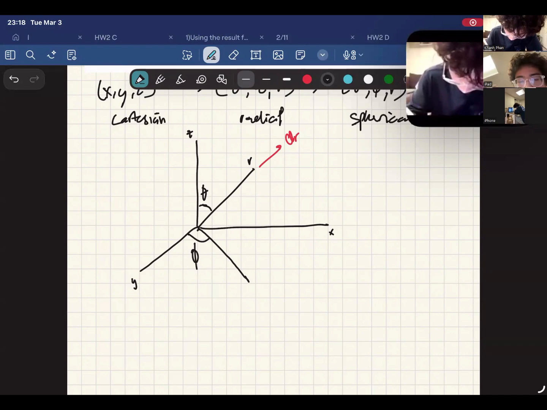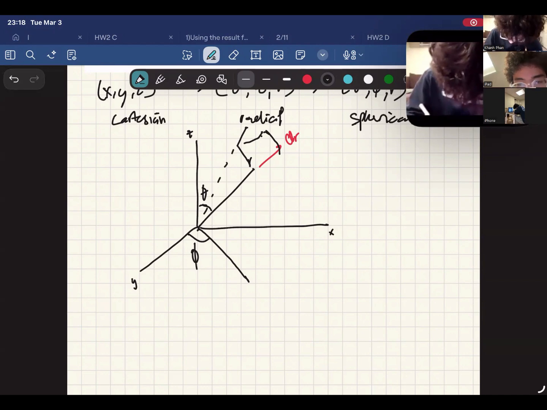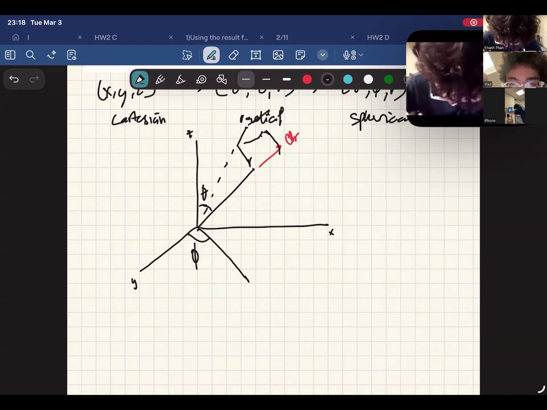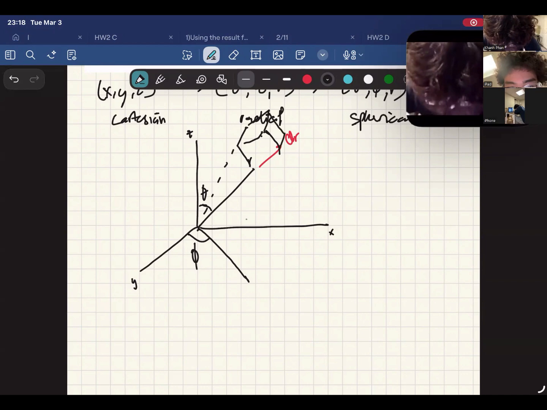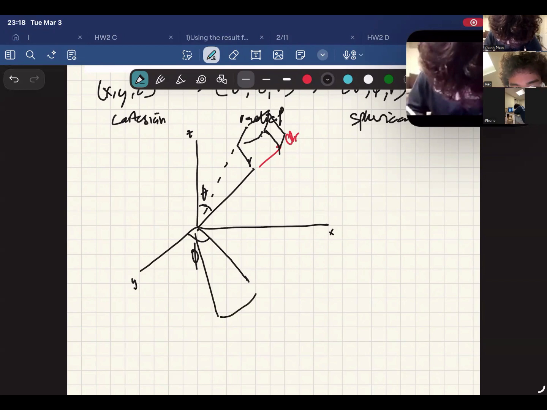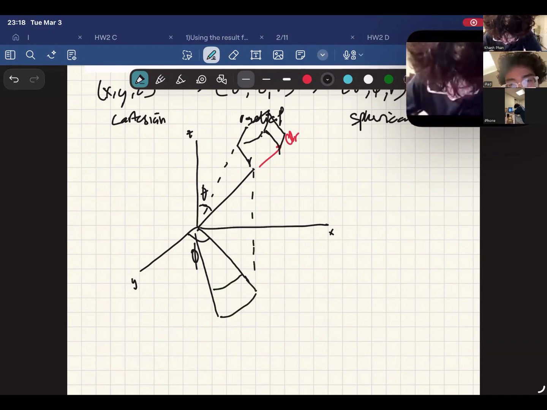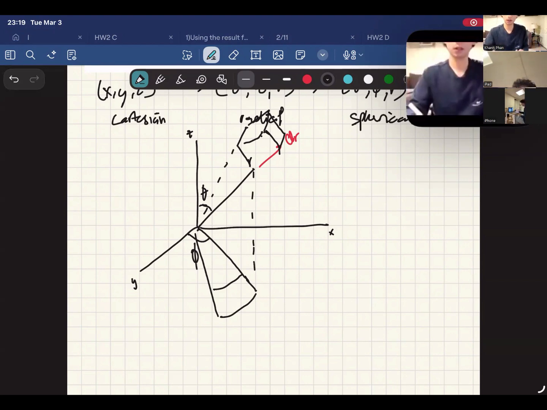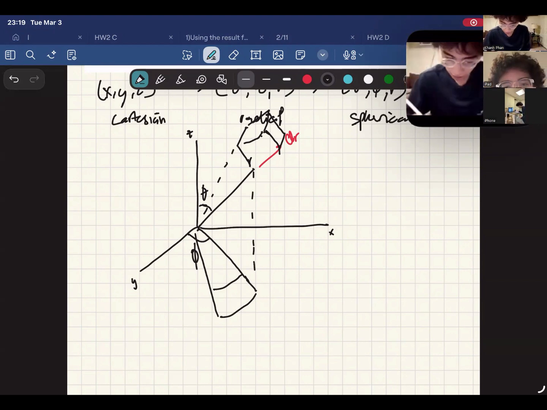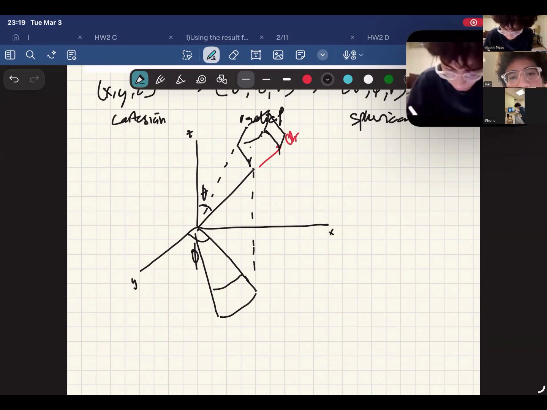We're going to draw a spherical figure. Let me just redo this actually.